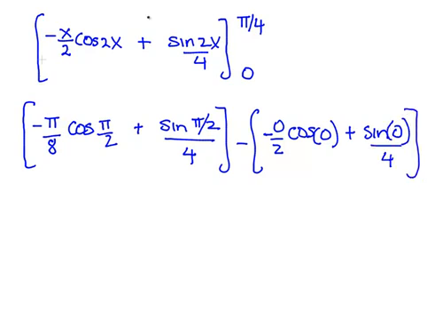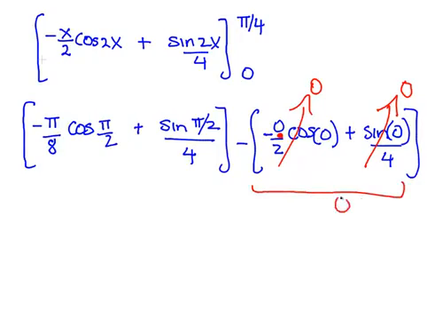The whole second term cancels out. That's 0 and that's also 0, because we're multiplying by 0 here, and sine of 0 is also 0. So this whole second side becomes 0.